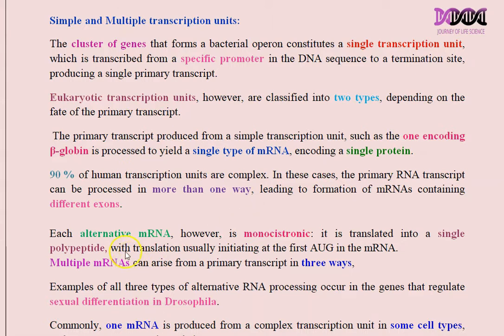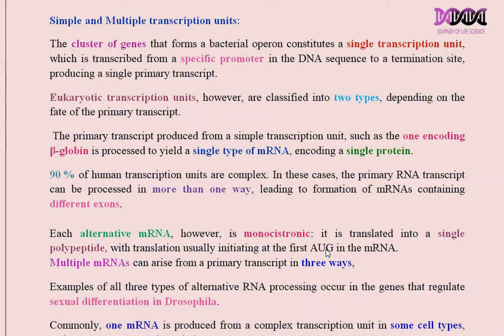These alternative mRNAs are all monocistronic, encoding one type of polypeptide chain only. But every alternative mRNA produced from the primary transcript must contain the AUG, the first sequence to be decoded by the translation machinery.